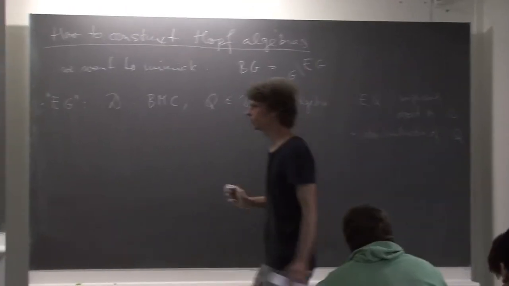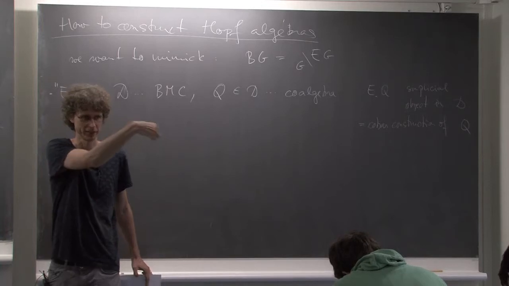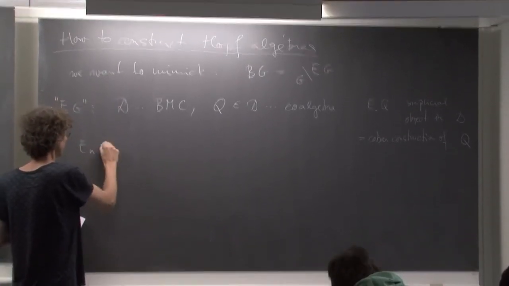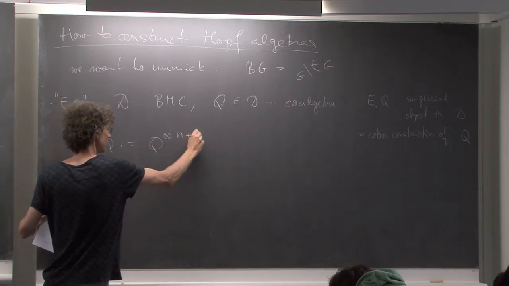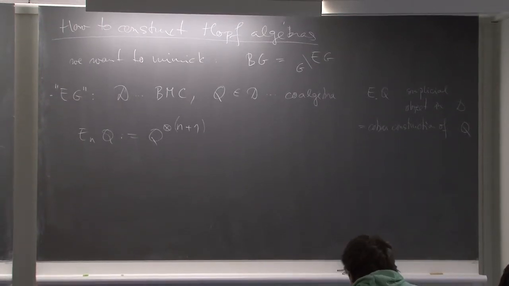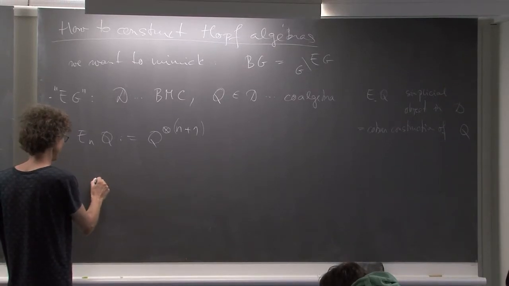We really just imagine that there is one copy of Q at each vertex. So EnQ is by definition a Q power n plus 1. And now I need to tell you what happens when we take a morphism.